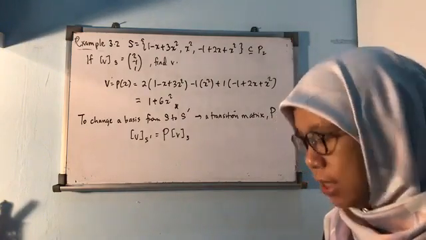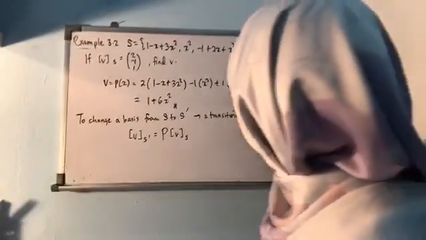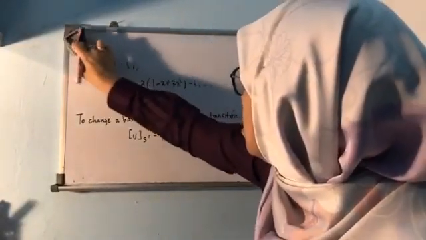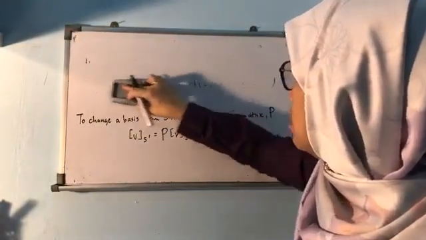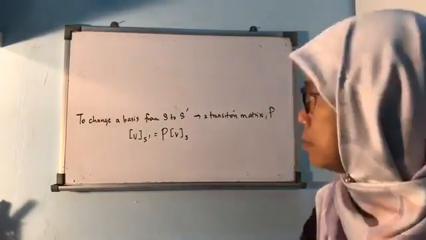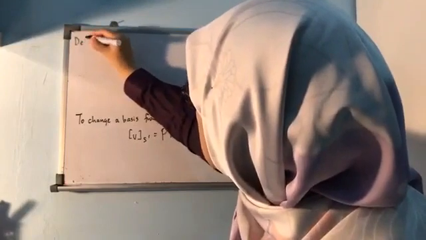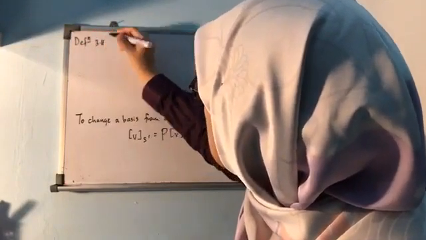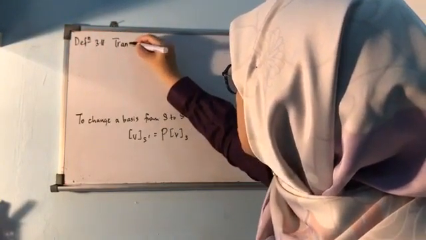Okay, definition 3.11. Transition matrix.